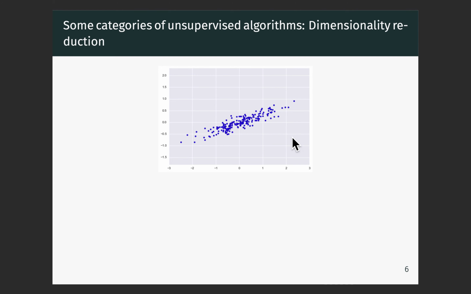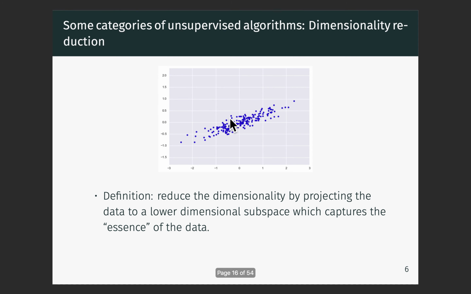So there is another class of unsupervised algorithms called dimensionality reduction. If you look at this particular data, it's currently plotted on a two-dimensional plane. But can you think of a single dimension which would be enough to represent this entire data? Before that, let me just define dimensionality reduction.